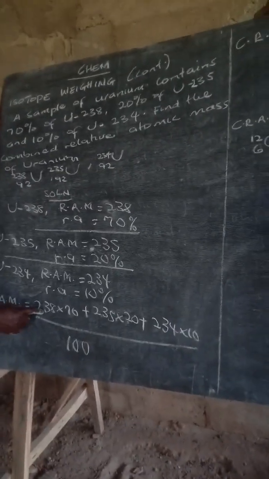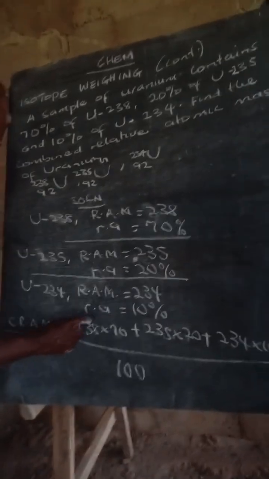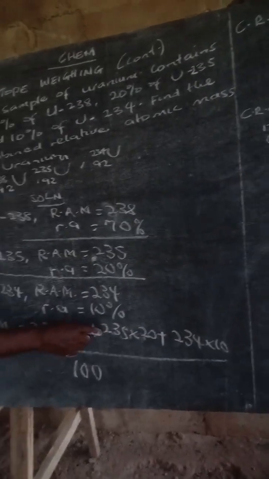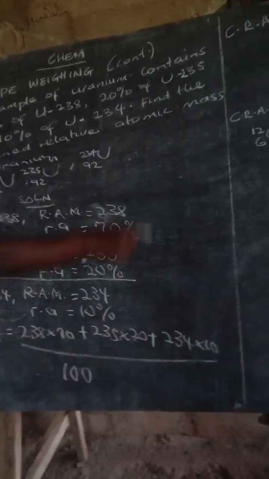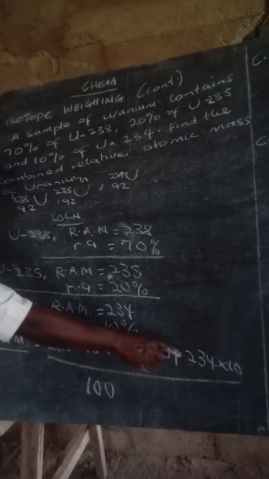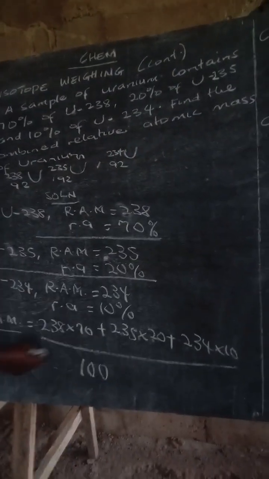In this case, 238 times 70, plus 235 times 20, plus 234 times 10, everything divided by 100.